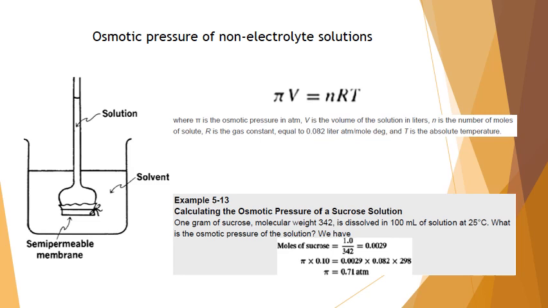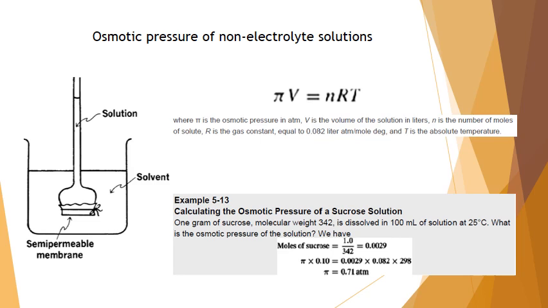This gram of sucrose is dissolved in 100 milliliters of water at 25 degrees centigrade. Now, how can you calculate the osmotic pressure of the solution? By using this very simple equation, you can easily get the osmotic pressure of the solution.